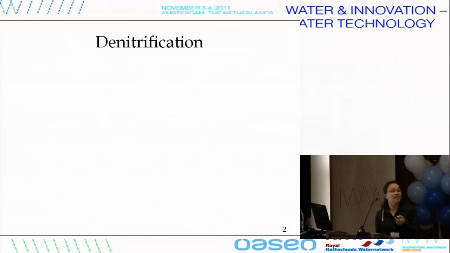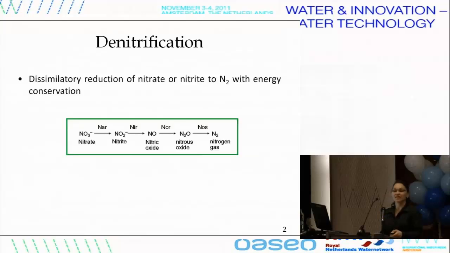Denitrification, that was the aim of this work, consists of the dissimilatory reduction of nitrate or nitrite to nitrogen with energy conservation.